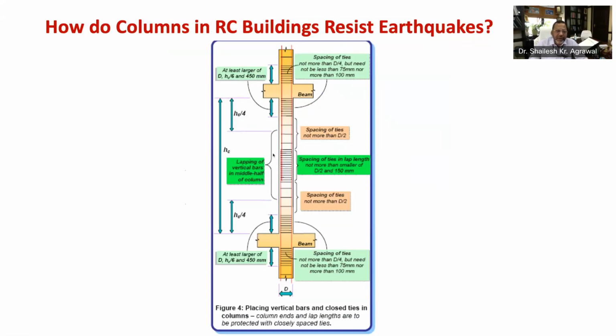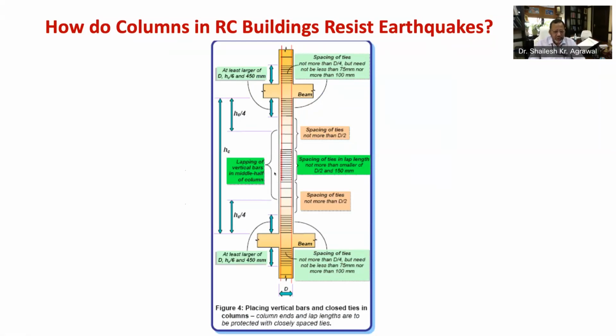A simple way of achieving this is by overlapping the two longitudinal bars over at least a minimum specified length called lap length. This lap length depends on type of reinforcement and concrete. For ordinary situation, it should be about 50 times the bar diameter.